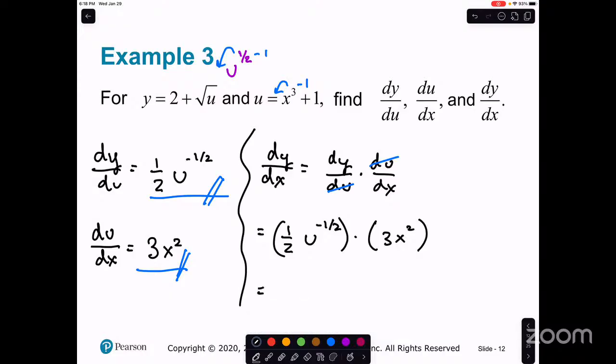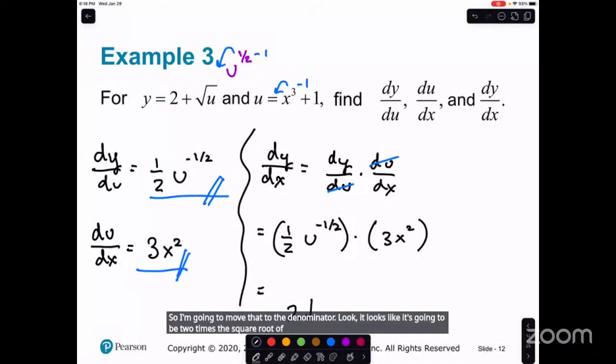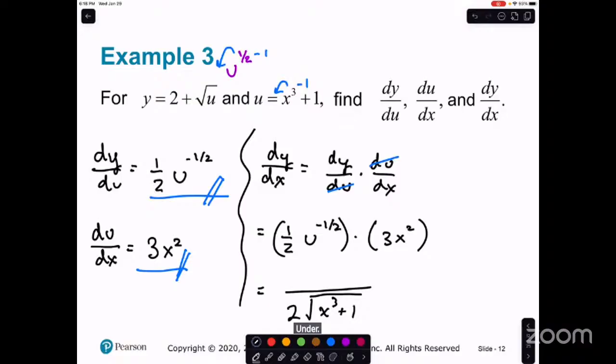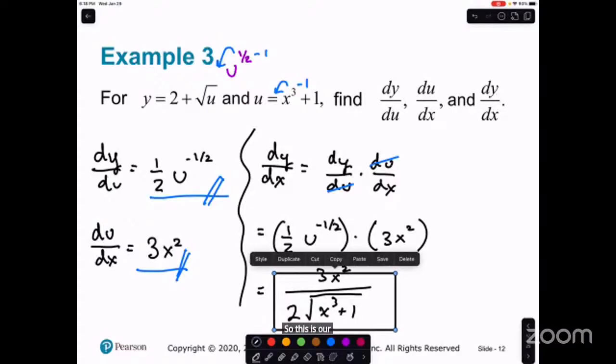So I'm going to move that to the denominator. It looks like it's going to be 3x squared over 2 times the square root of x cubed plus 1. Okay, so this is our derivative of y with respect to x.